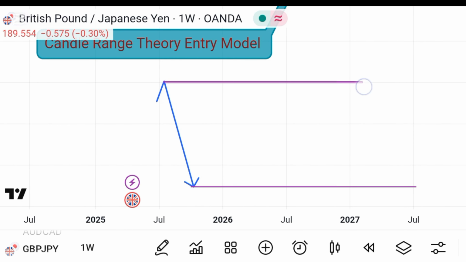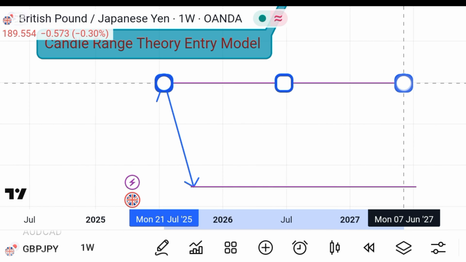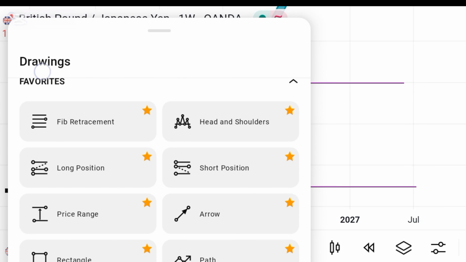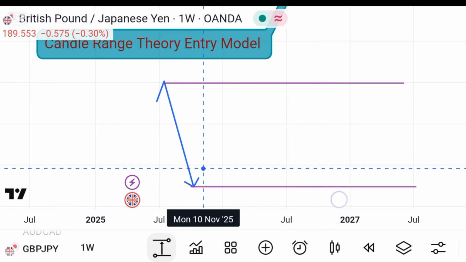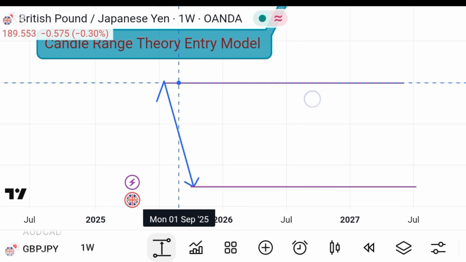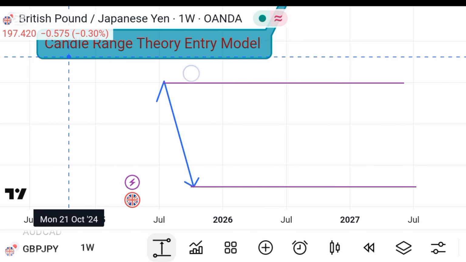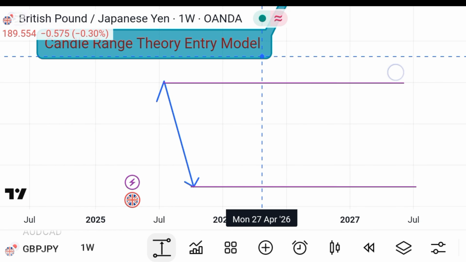This is a range of price action, from one high to another. So we have this level, from this low to this high, to be a range, and the name of the strategy is the candle range theory entry model, the CRT entry model.